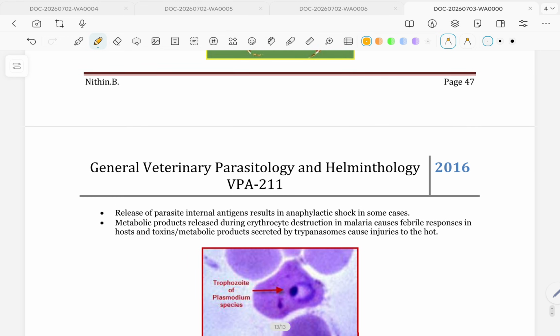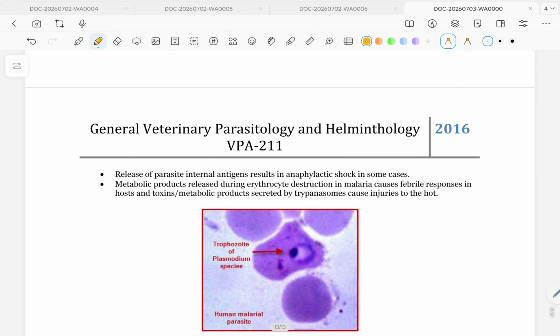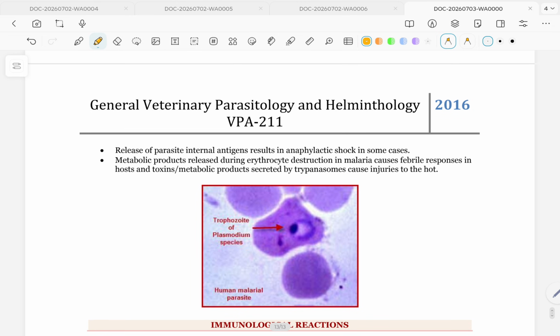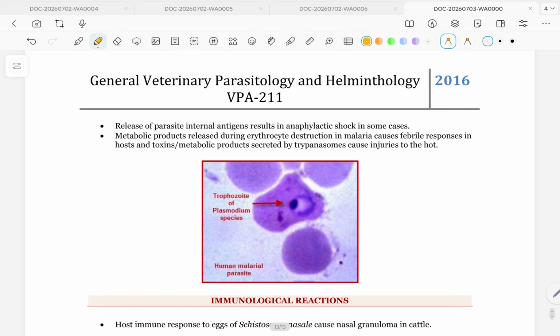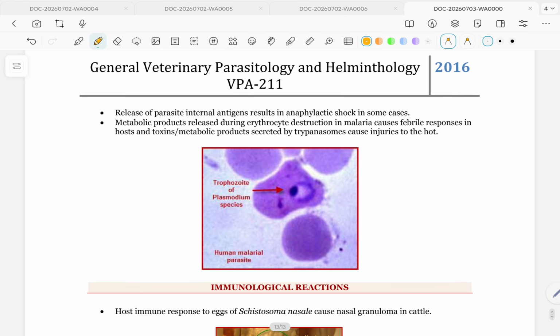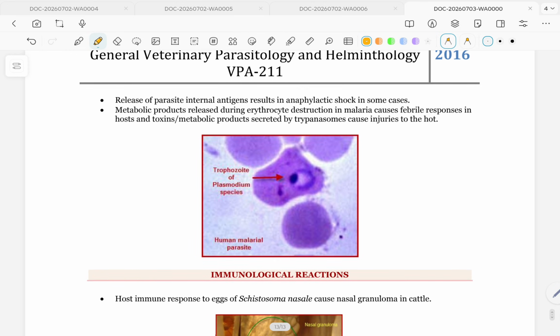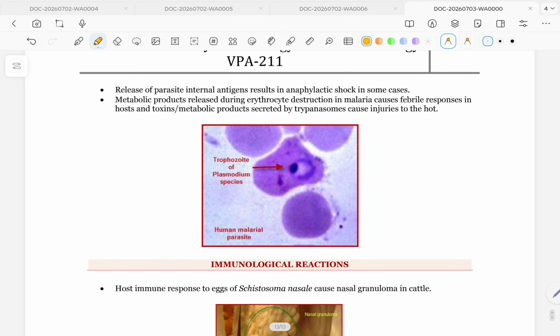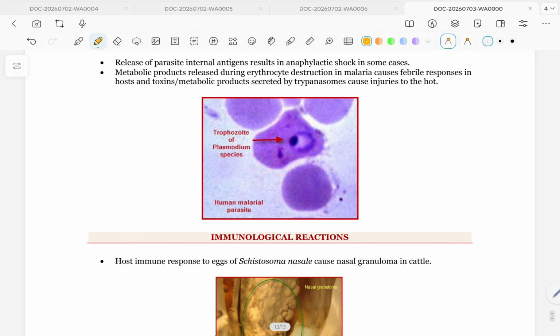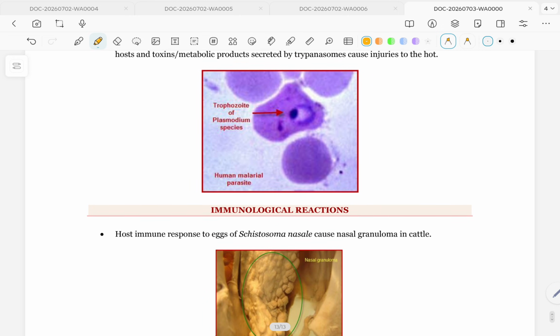Release of parasite internal antigens results in anaphylactic shock in some cases. Metabolic products released during erythrocyte destruction in malaria cause a febrile response in the host, and toxins or metabolic products secreted by trypanosomes cause injury to the host.